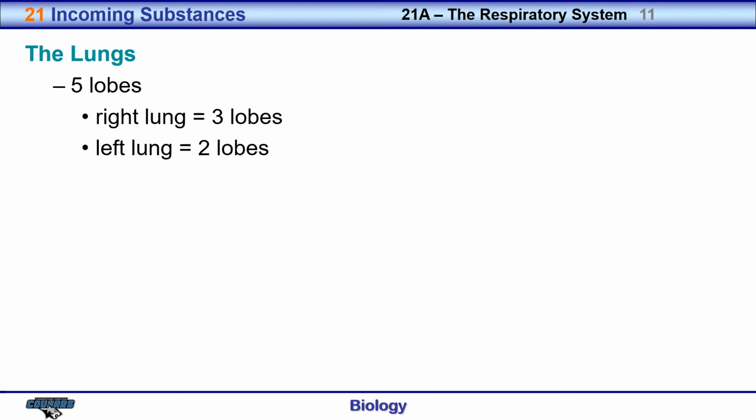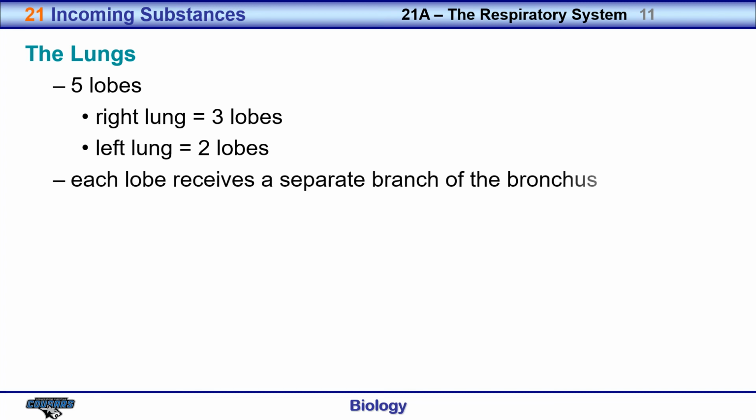And the reason why your left lung has 2 lobes and your right has 3 is because your heart, which is positioned kind of in between the 2 lungs, is actually more on the left side, and it's taking up some of the space of the lung. So your left lung is just a bit smaller than your right lung.